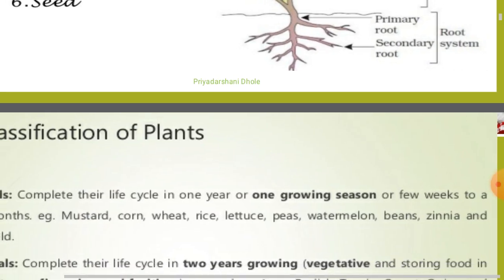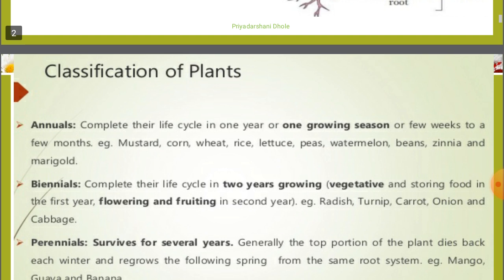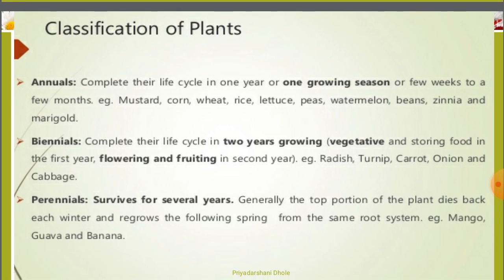Next slide. Now, classification of plants. There are three types of plants: annual, biennial, and perennial. Annuals complete their life cycle in 1 year or one growing season, or a few weeks to a few months.